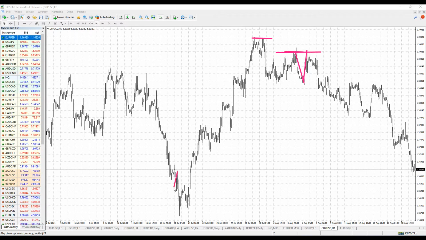Once the market broke through the latest supply, there was a move higher, retest of the demand, and significantly higher.